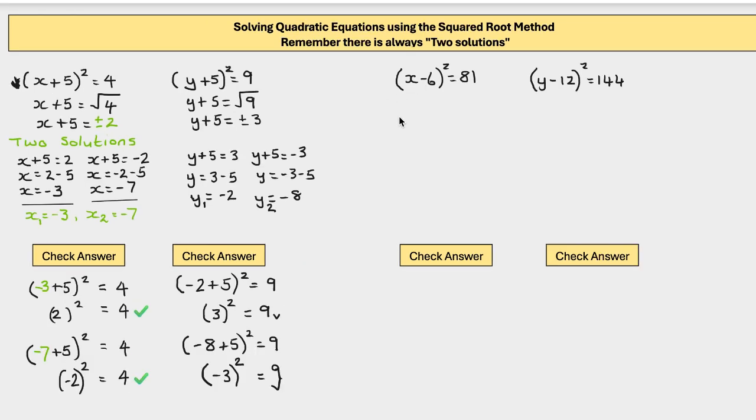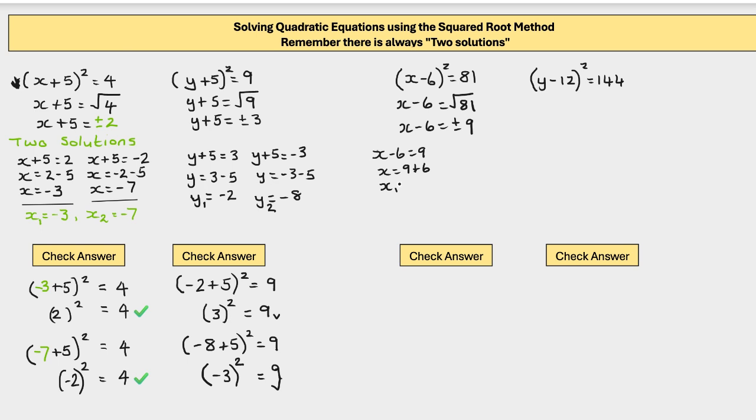So there you go. So the next one is exactly the same. Let's get rid of the square. So I've got left x - 6 equals the square root of 81. You should know that the square root of 81 is 9 because 9 times 9 equals 81. So I'm left with x - 6 equals plus or minus 9. So let's find our two solutions. So we've got x - 6 = 9. We use the plus part. x = 9 + 6.